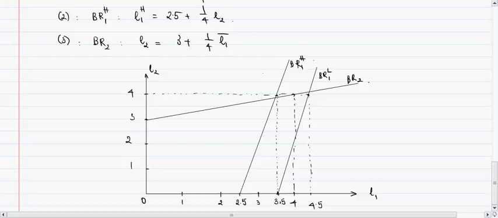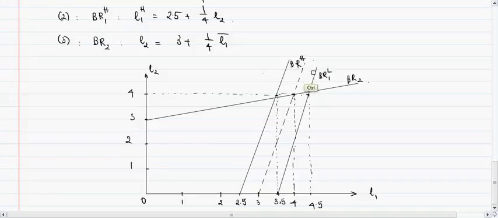So I draw a dotted line over here in the middle, to indicate the line between the best response functions of player 1 of a high cost and player 1 of a low cost.